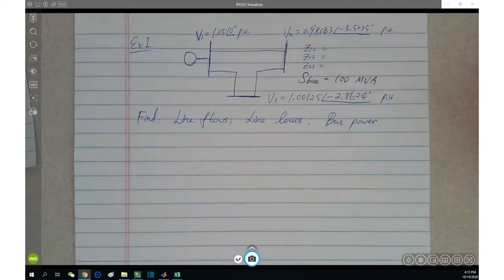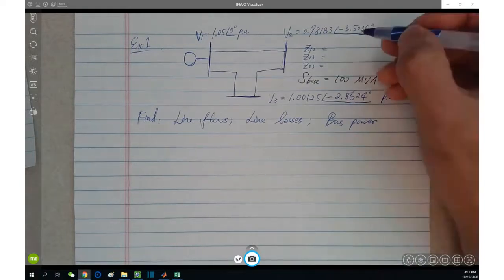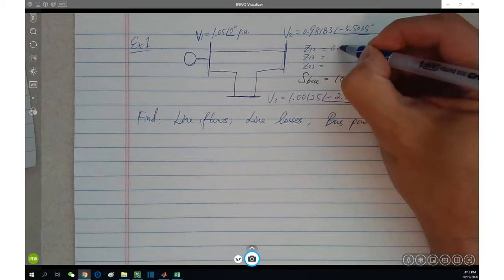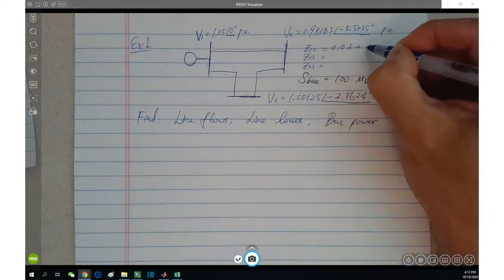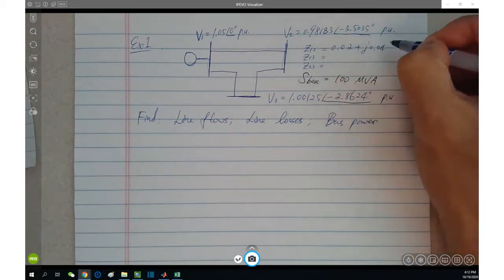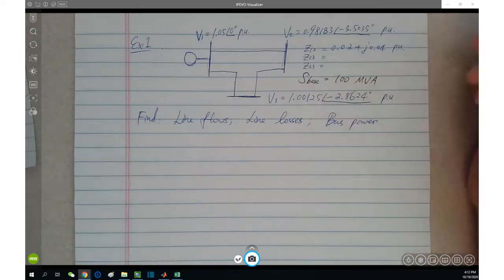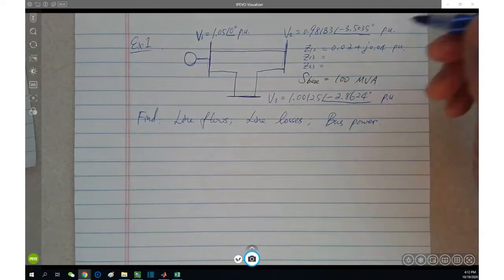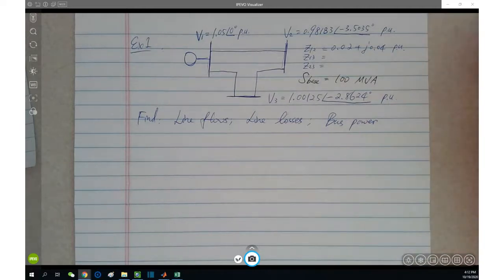Good job. And Z12 is equal to... Everything per unit. That's what the given base power is for.